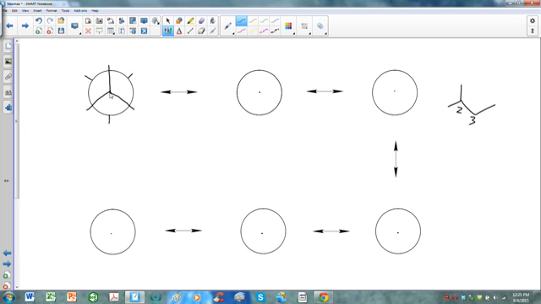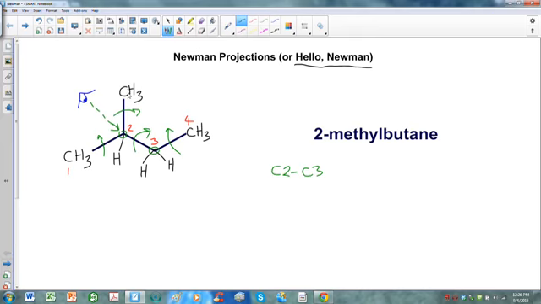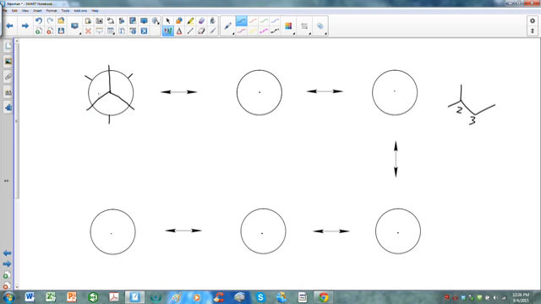Front carbon, back carbon. Going back to our front carbon, there are 2 CH3s and a hydrogen. At this point it's totally up to you where you want to put those groups. So I'm going to say there's a CH3 here, a CH3 here, and a hydrogen here. That's the front carbon, and we'll label that as carbon 2.